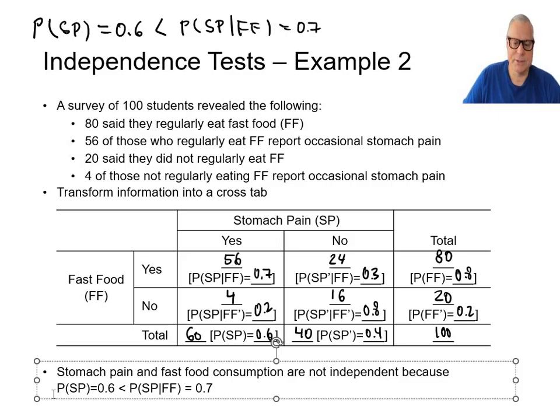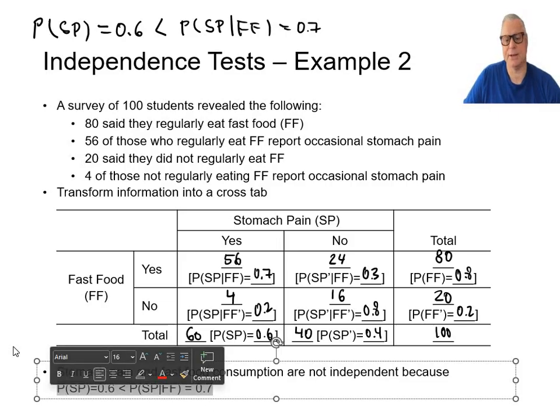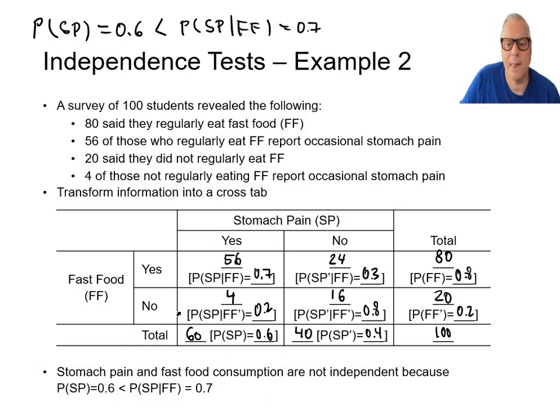So this result suggests that the consumption of fast food and stomach pain are probably not independent, and that must then be used in order to investigate further. But such independence tests are very important.